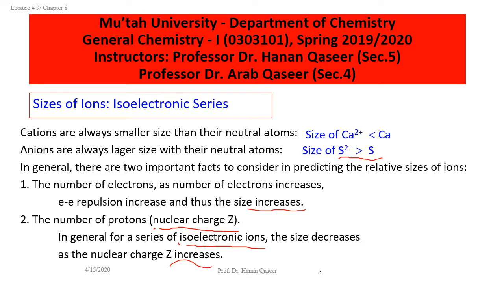Isoelectronic ions معناته they have the same number of electrons، يعني عندهم نفس عدد الإلكترونات. إذا كان عندي أيونات تحتوي على نفس العدد من الإلكترونات، حجم الأيون بقل بزيادة الشحنة الموجبة في النواة أو بزيادة عدد البروتونات.